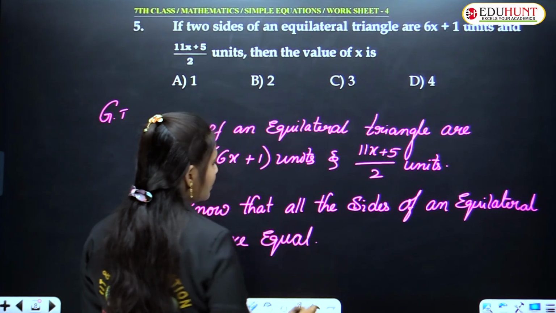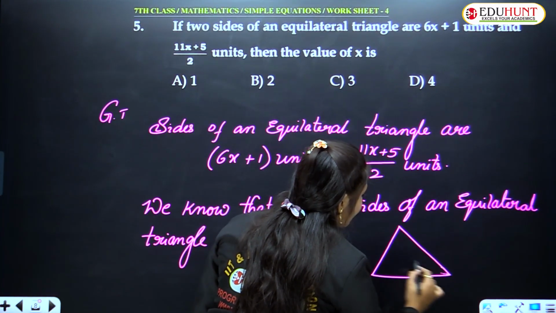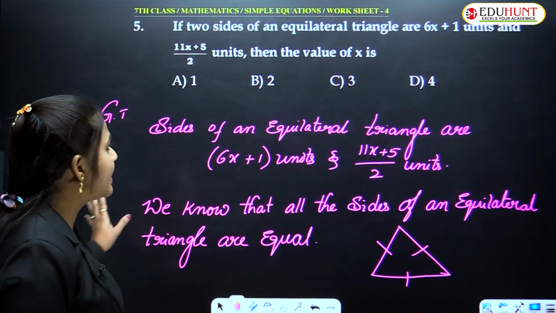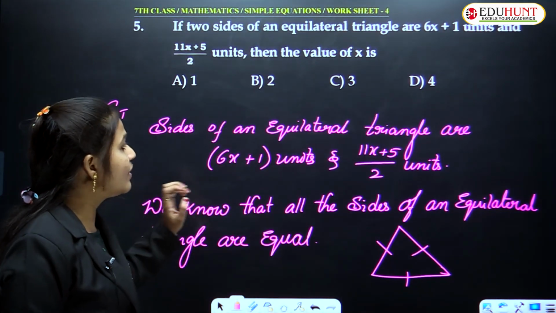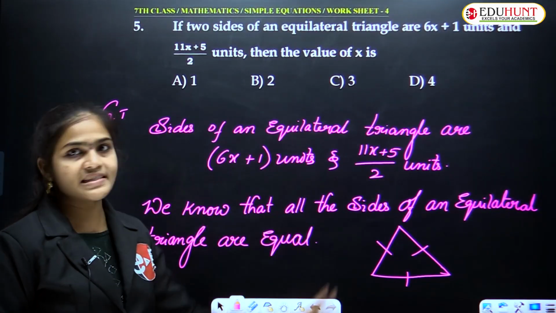Why? Because all the sides have equal measurement. Two measurements are given, but whatever it may be, those two sides are equal.